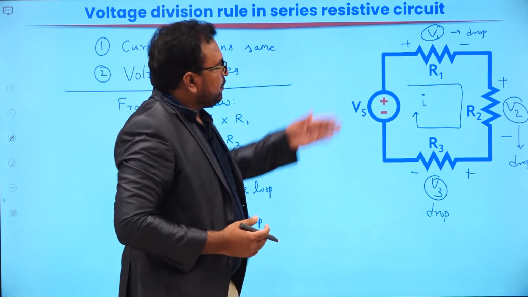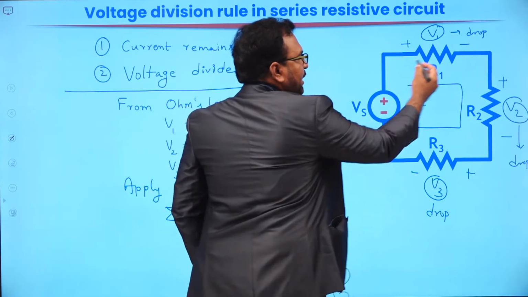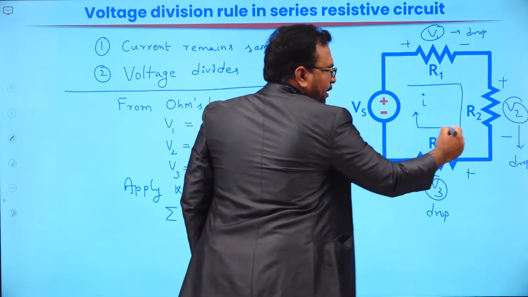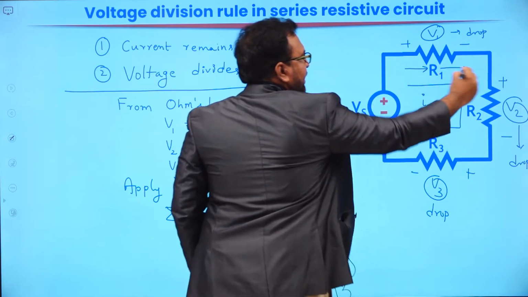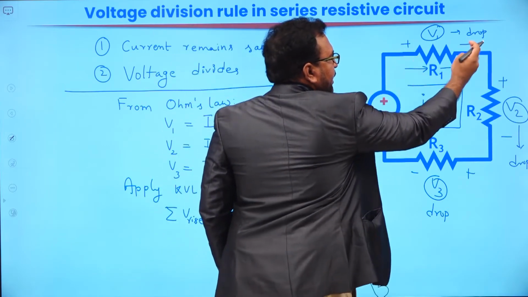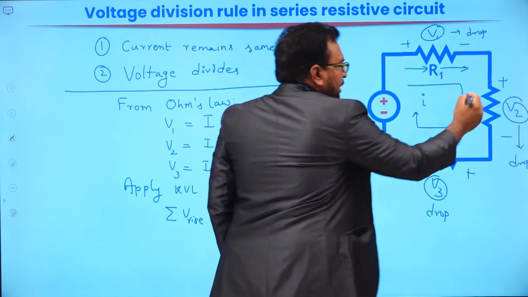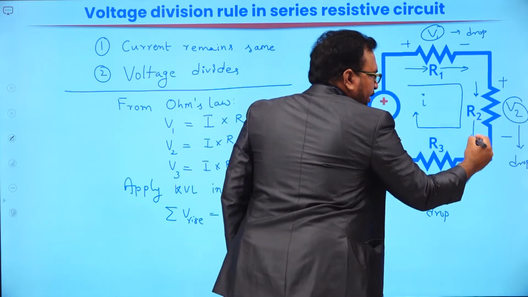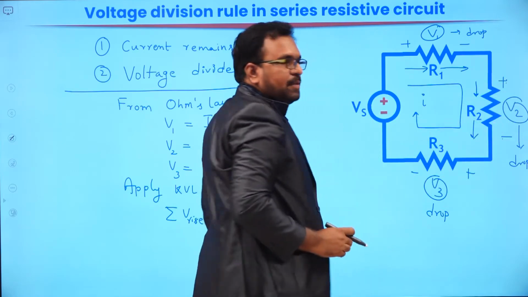Why are V1, V2, V3 considered as voltage drops? If you observe the current direction here, the current is flowing clockwise. That means in case of R1, the current is flowing in this direction, from positive terminal to negative terminal. Plus to minus means always a drop. Similarly, in R2, the current is flowing downwards, from plus terminal to minus terminal.